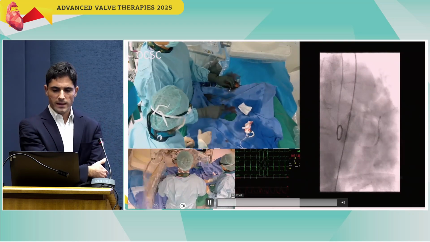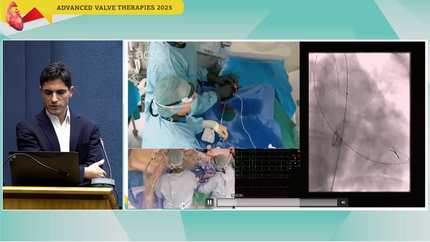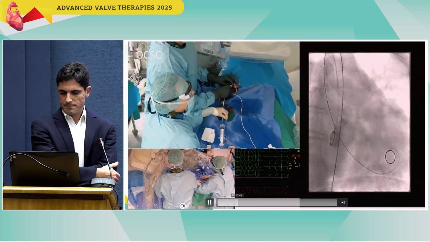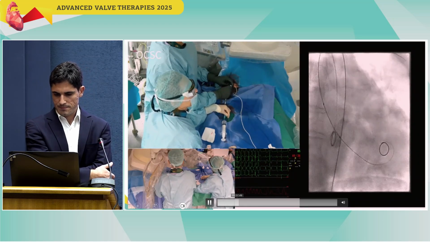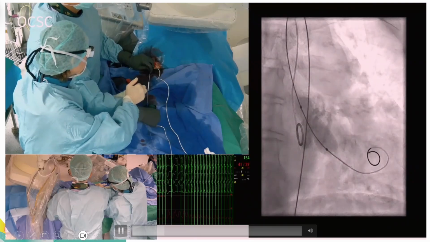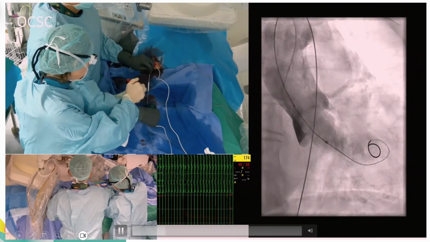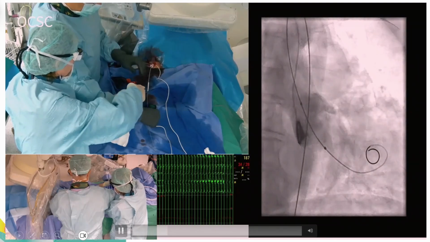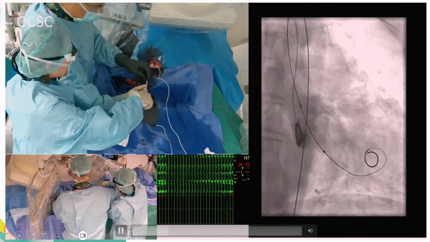Here's the introduction of the AL catheter inside the left ventricle. And here we have the balloon from the pre-dilatation with rapid ventricular pacing. Remind us the size of the balloon. 20.